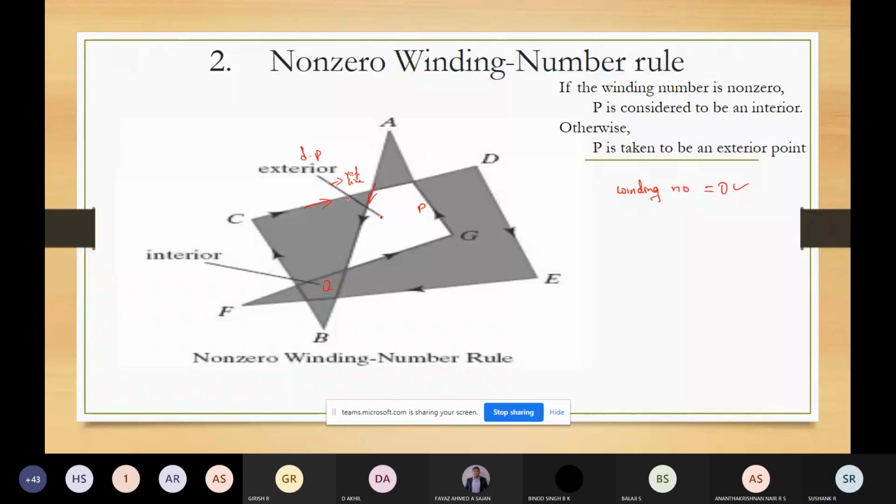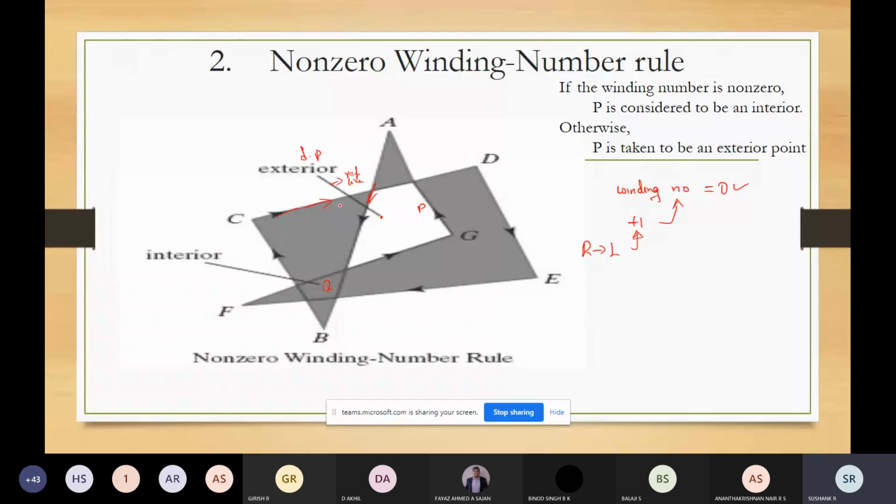So now we will add 1 to this winding number every time a line segment crosses the reference line from right to left. If it is right to left, I will add +1 to the winding number. See, this is the object line and this is the reference line.